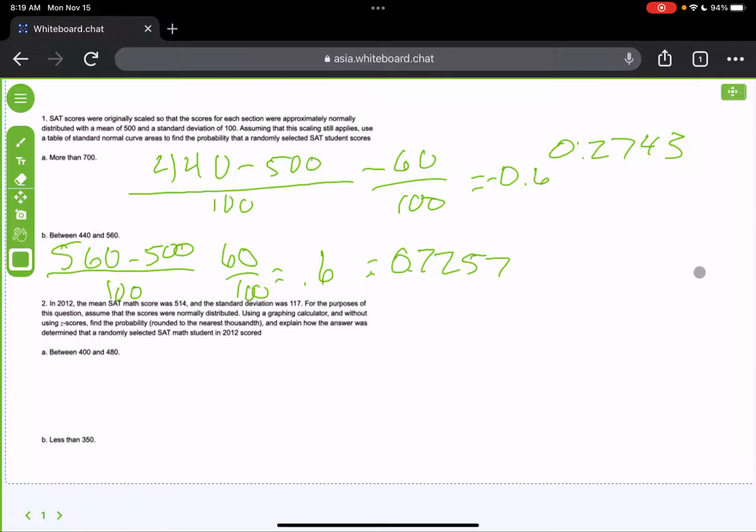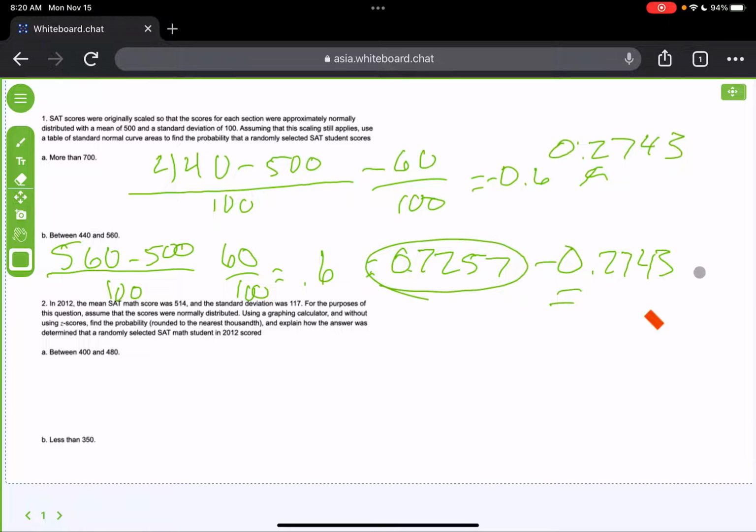Now we're looking at in between those two values. So we're going to take this value, subtract that value, and that gives us what? 0.7257 minus 0.2743.